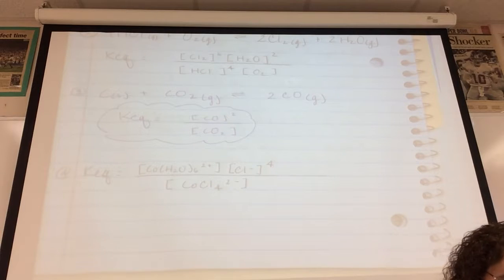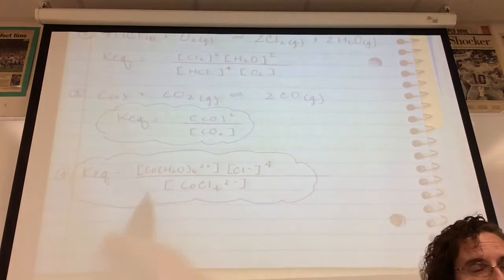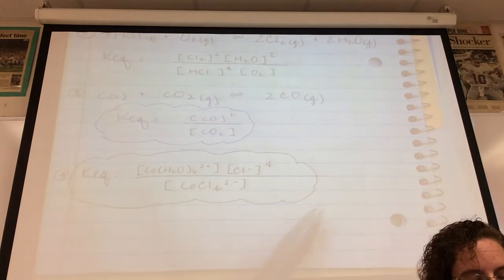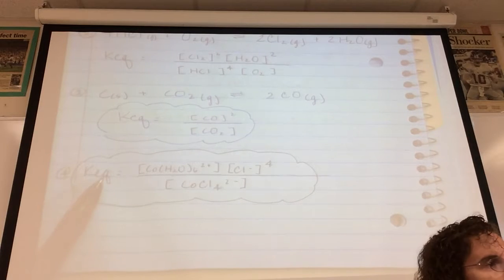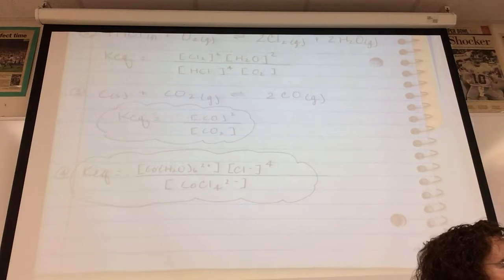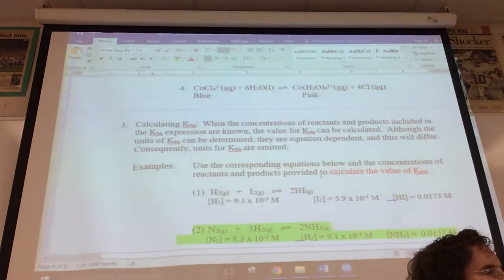And of course she knew that wasn't it, because now that we know how to write these, now we have to solve them. So if I give you concentrations, you can give me KEQ. We've got 2 examples. Let's take a look.